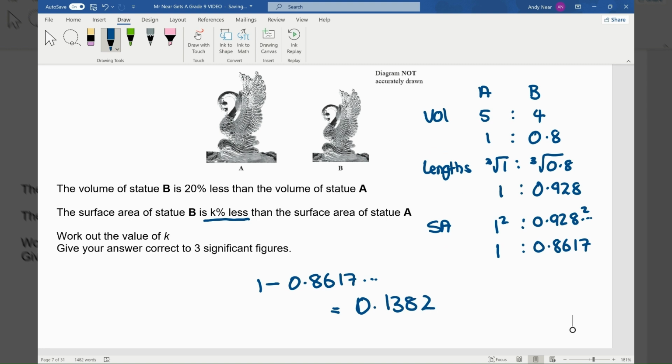And so that is 13.8% smaller than the surface area of statue A. And the question said 3 significant figures, and I have done that.